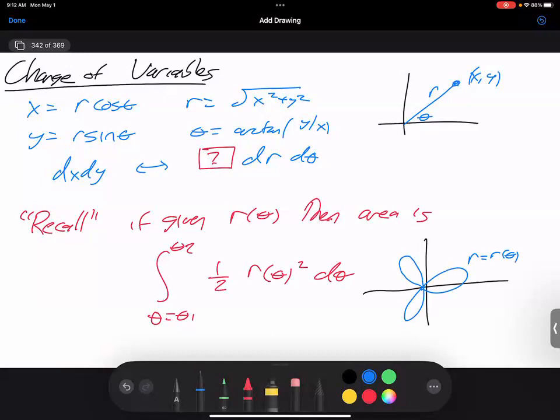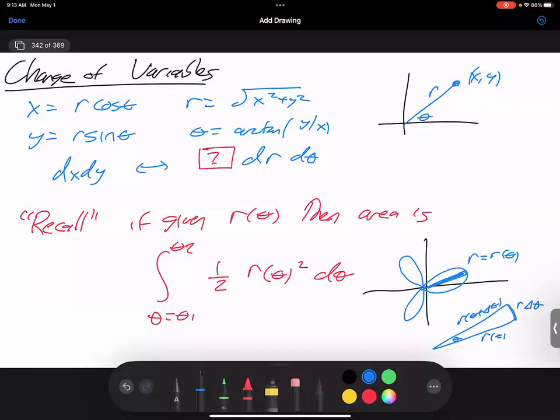If you think about what's going on, I can break this up into lots of little infinitesimal triangles. So I'll zoom in on one of those triangles. Here's the angle theta. Here's r of theta. Here's r of theta plus delta theta. And then this arc length over here is going to be r delta theta. What's the area of a triangle? One-half base times height.